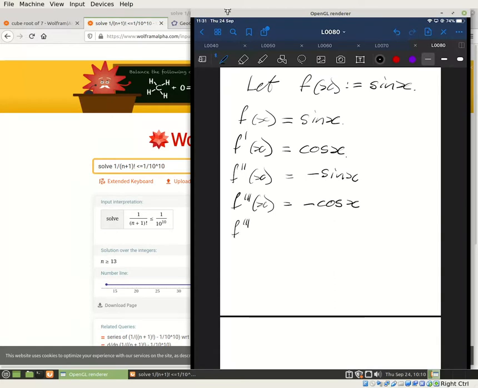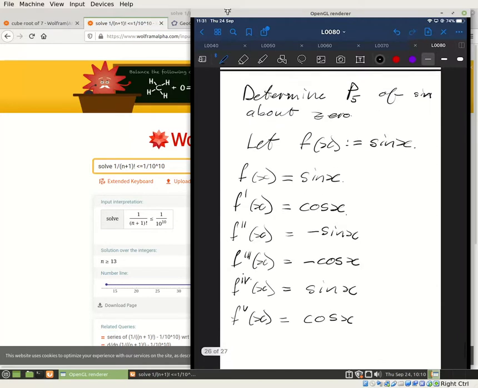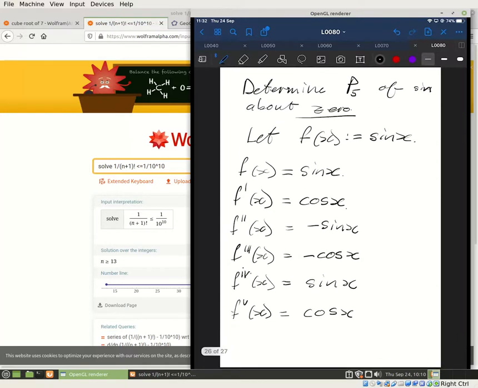Fourth derivative is sine, and the fifth derivative is cosine. And we want the fifth Taylor polynomial about 0, so we are interested in the values of these derivatives at 0.